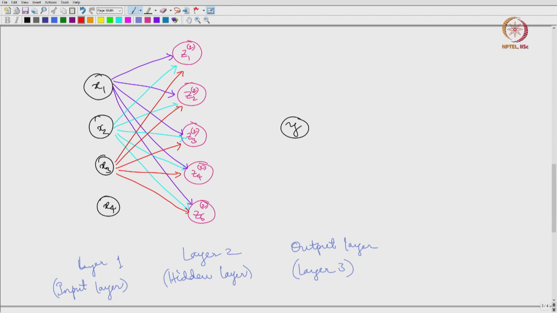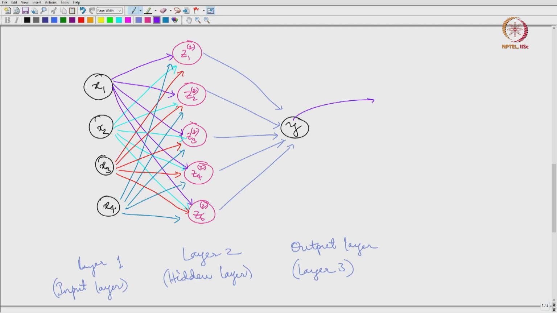And finally I will also connect the x4 to all the nodes in the next layer. So already you can see that just by having one hidden layer and 4 features, the crisscrossing of information looks pretty complex. Now in the output layer things are simpler here, because you just have all these 5 nodes from the hidden layer contributing to the output, and this y is basically your prediction for the target variable.